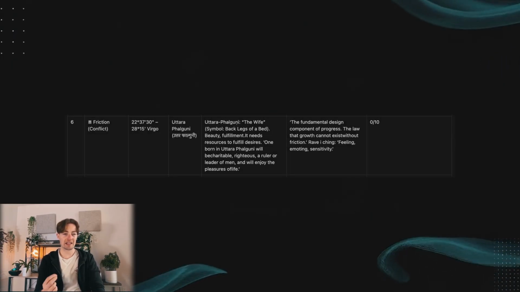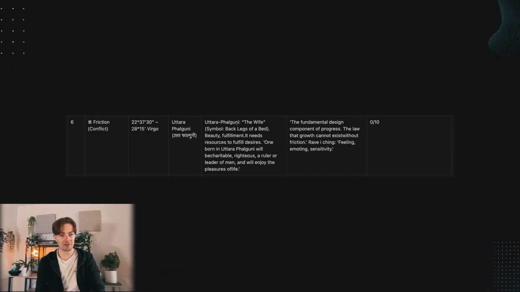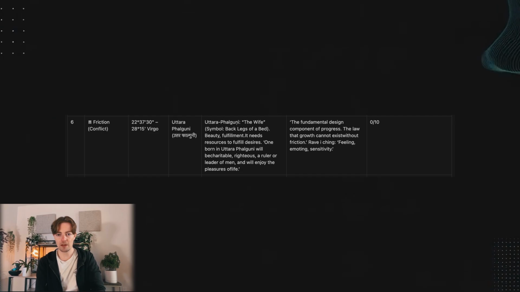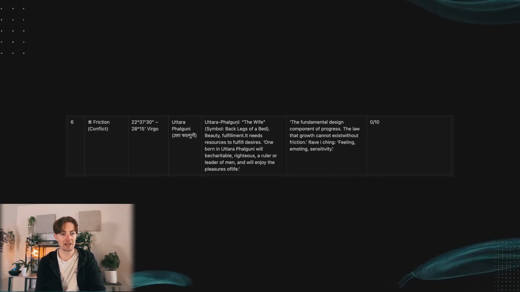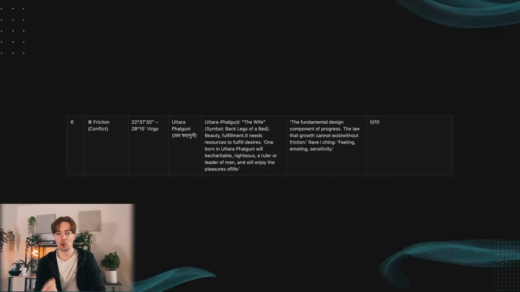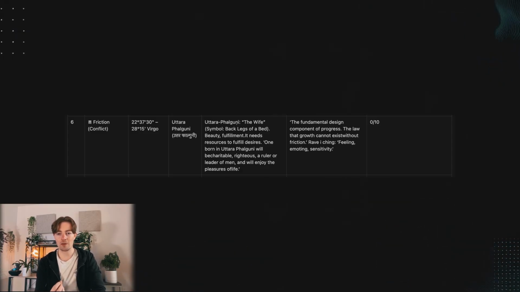Gate 6, the gate of friction, or the gate of conflict, around 22 to 28 degrees of Virgo, sitting in the Uttara Falguni Nakshatra. The notes I have for the gate of friction: the fundamental design component of progress, the law that growth cannot exist without friction.